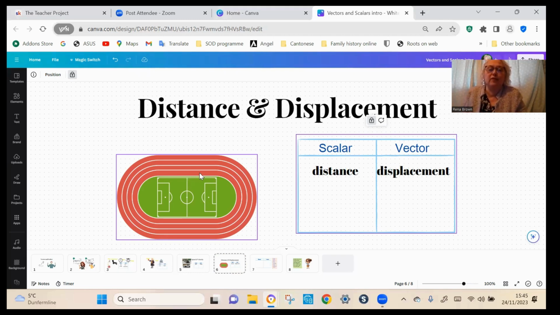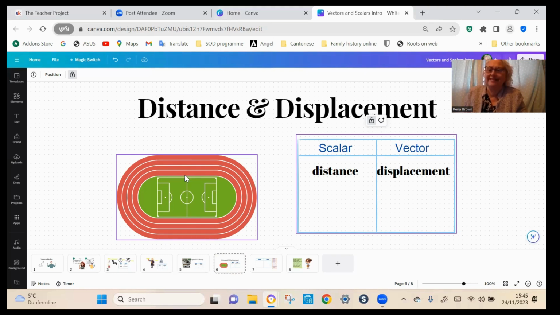Imagine that you travel halfway around the track. What's the distance you've traveled? 50 meters. Okay. Now, can you give me an estimate of your displacement? Is it going to be more than 50 meters or less than 50 meters? Your displacement across the field?